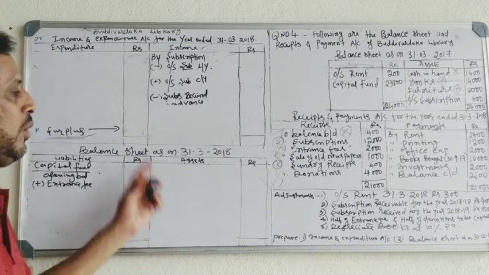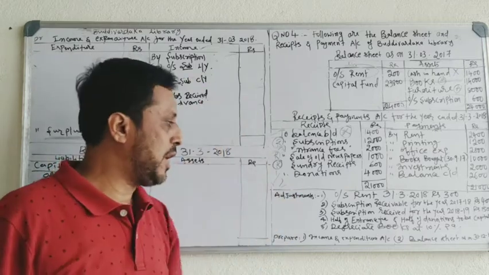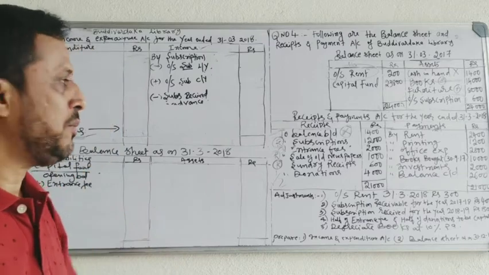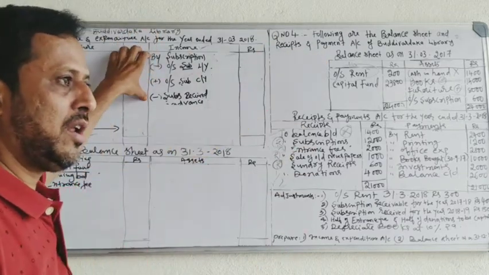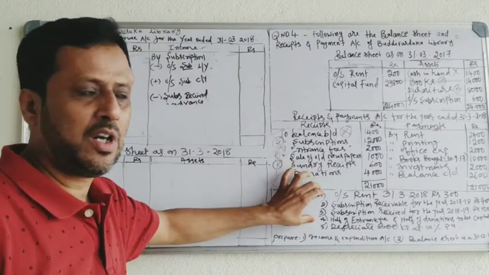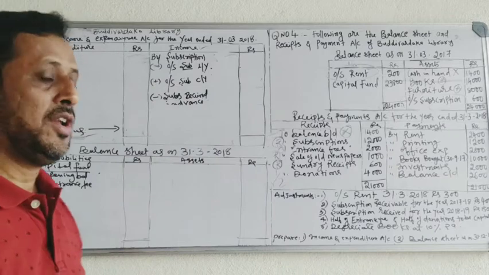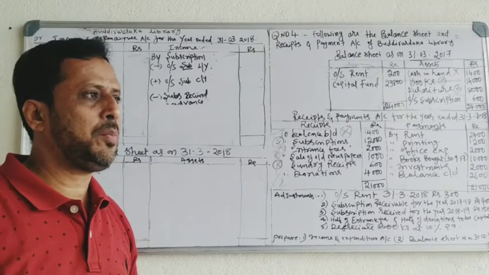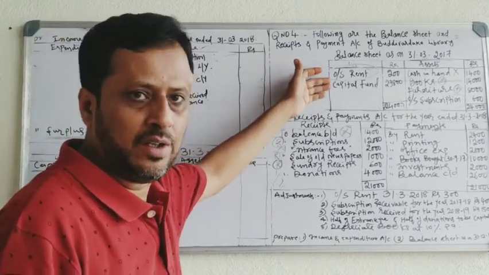Now we'll go for the problem and solve it here. Once again, I want to tell you about the outstanding items. Outstanding items given in the balance sheet, you have to deduct here. Outstanding items given in the adjustment belonging to the current year, you have to add here. Subscription received in advance given in the balance sheet, you have to add.